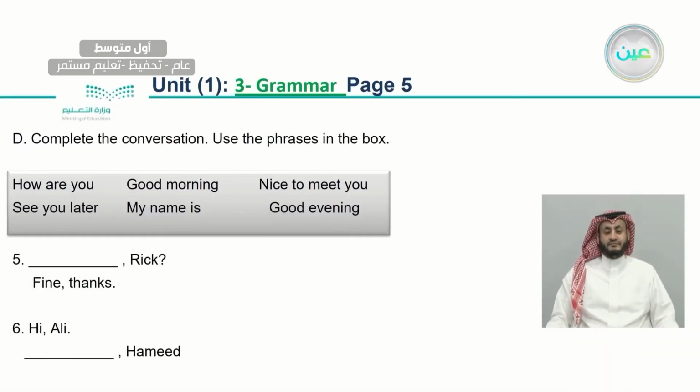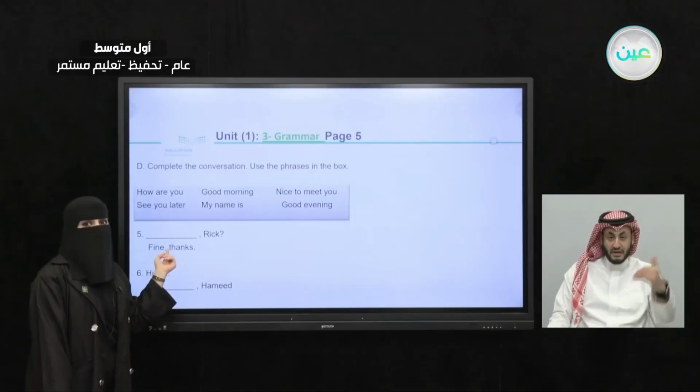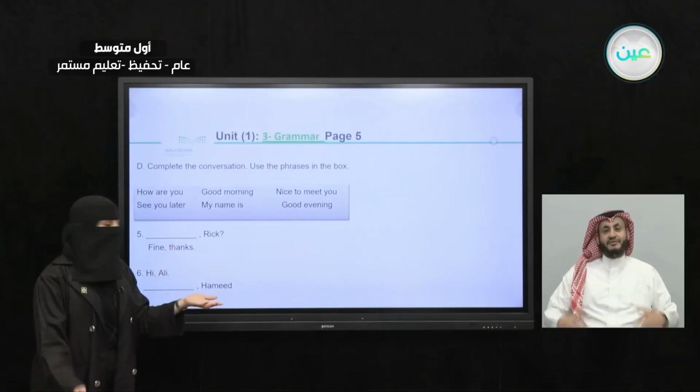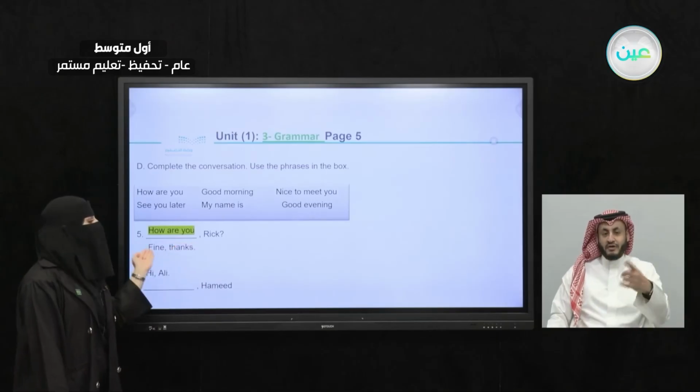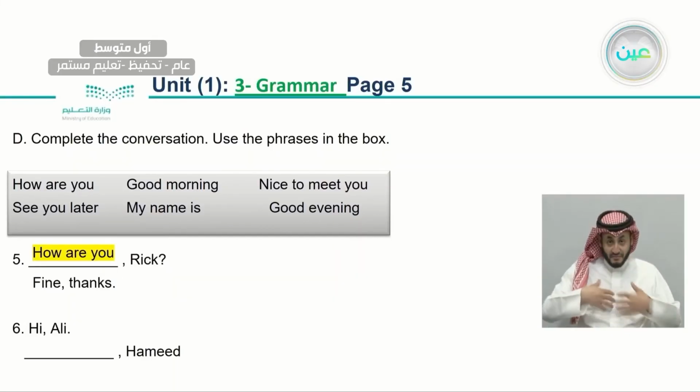Next, letter D, number 5, space, Rick. Fine, thanks. When do you reply with fine? When someone is asking you, how are you, right? So how are you, Rick? Fine, thanks. Good job.